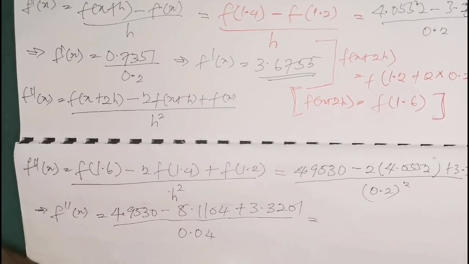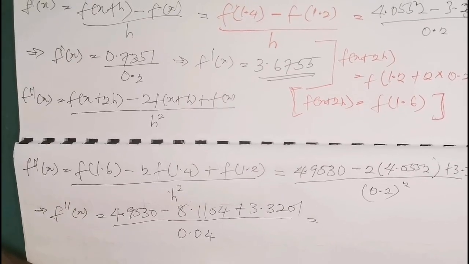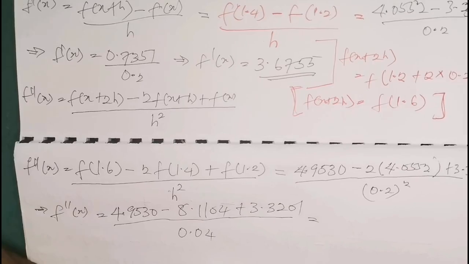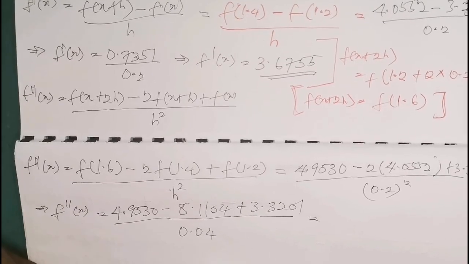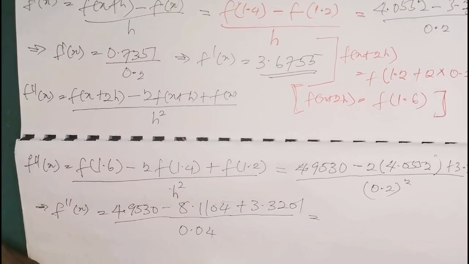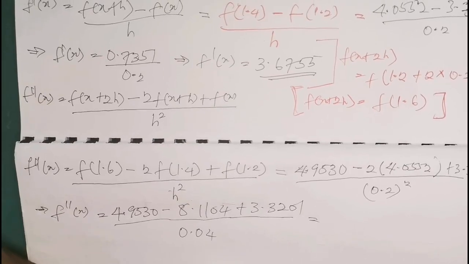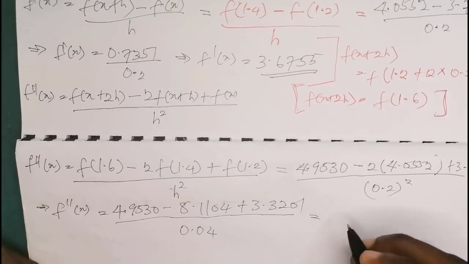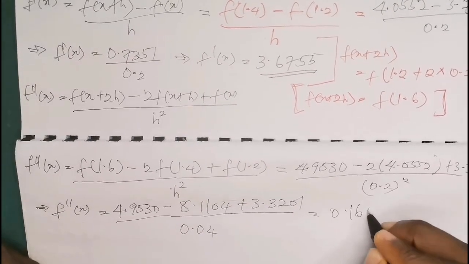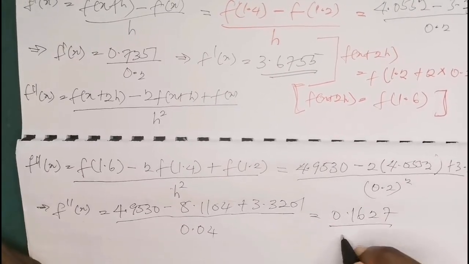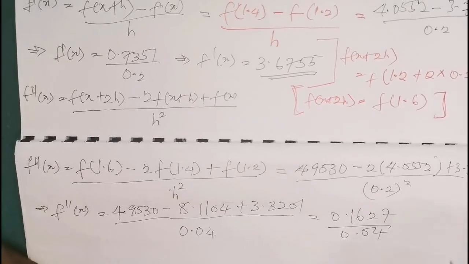We have 4.9530 minus 8.1104 plus 3.3201. This simply gives us 0.1627, divided by 0.04.